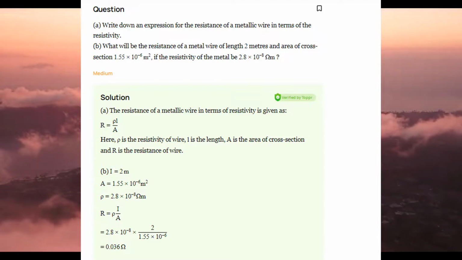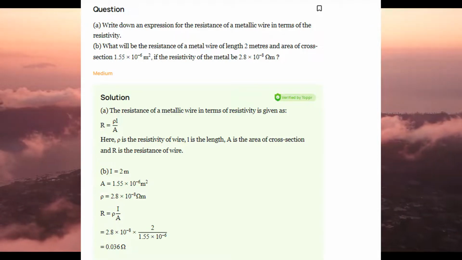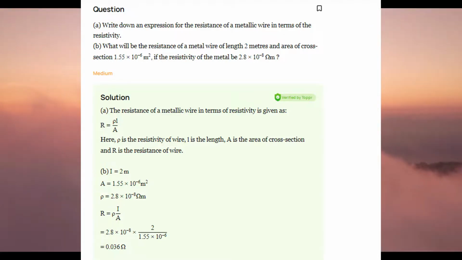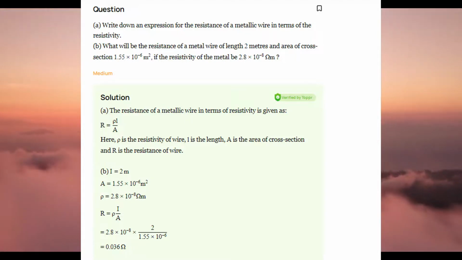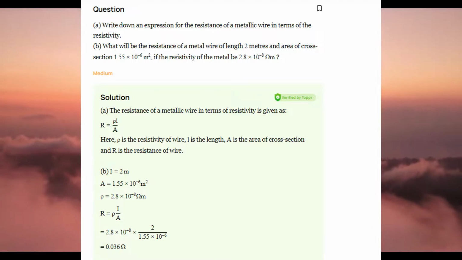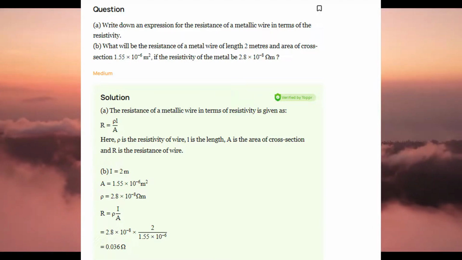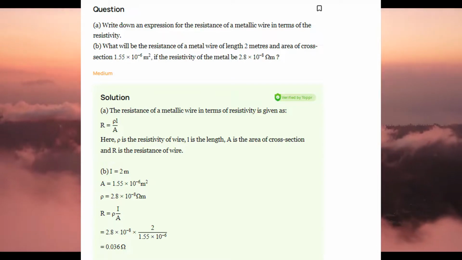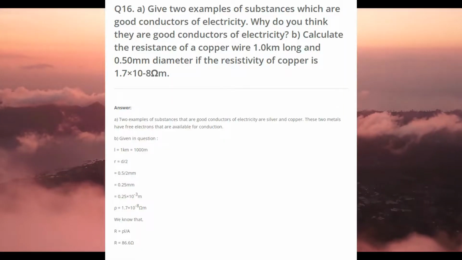R equals ρL upon area, because the resistance is inversely proportional to the cross-sectional area A. Equals 2.8 into 10 raised to minus 8 ohm meter into 2 upon 1.55 into 10 raised to minus 6. Equals 0.036 ohms.